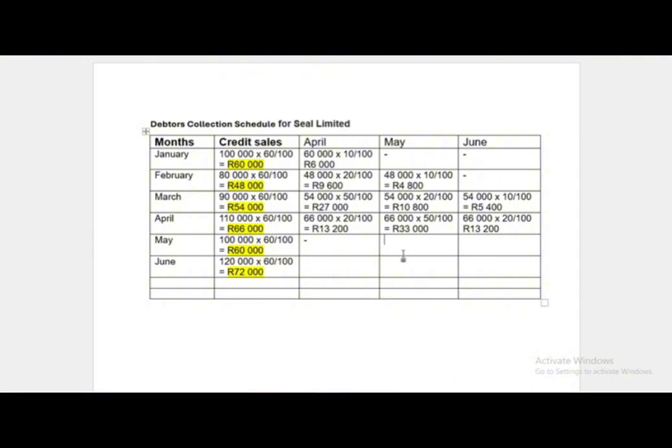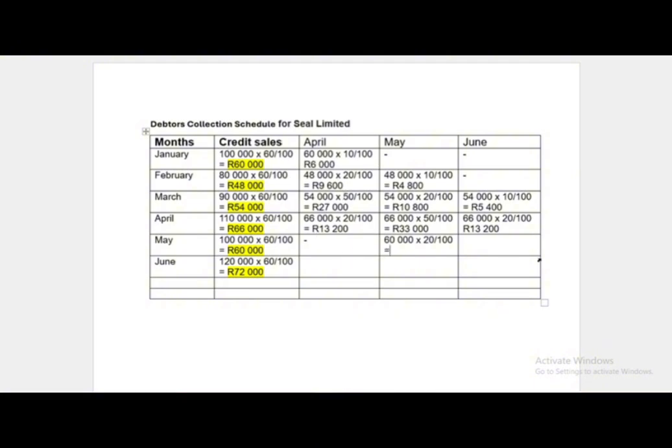So now it means we are going to say 60,000 multiplied by 20, because during the month of sale we are collecting 20%, right? We cannot count April, remember, because it is the month prior. The month priors are not there anyway.